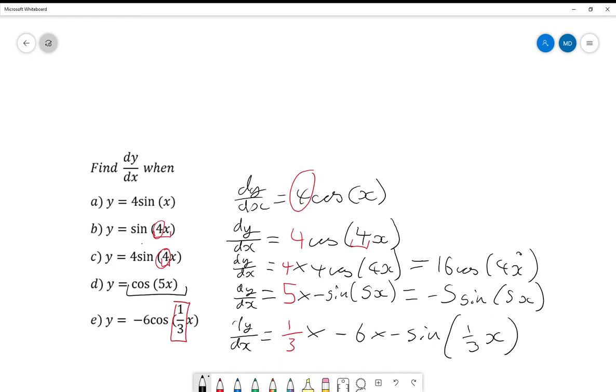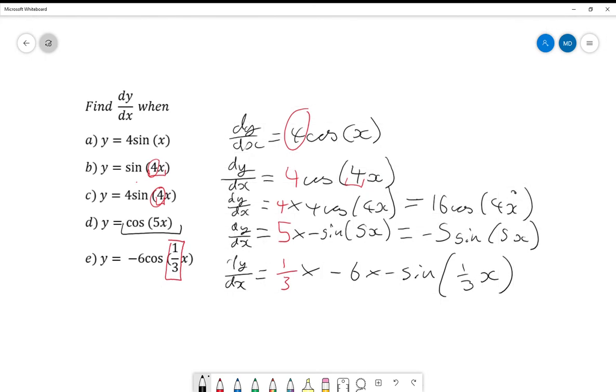So that negative 6 is sticking out in front. That negative sign has come from the cosine, and everything is being multiplied together, and that gives us, in the end, 1/3 of negative 6 is negative 2. But then we've got 2 negatives, so that's positive. So we're going to get 2 sine of 1/3 of x. And that is our final answer.